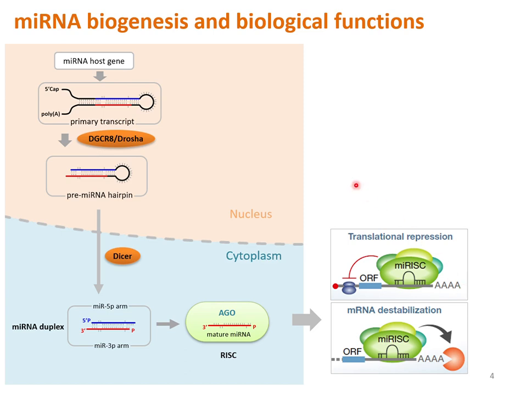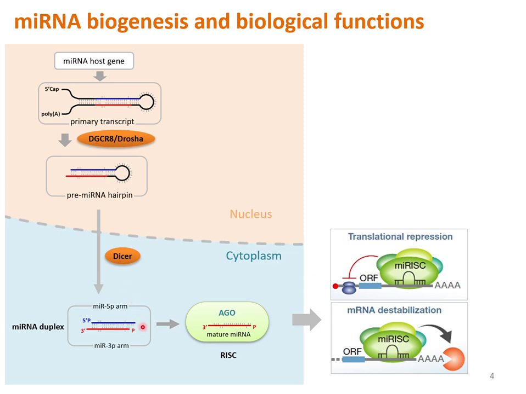As small RNAs, microRNAs are first transcribed as primary microRNA transcripts from the host gene, processed by the Drosha-DGCR8 enzyme into a pre-microRNA hairpin precursor, exported from the nucleus into the cytoplasm, and processed by Dicer into a short microRNA duplex.